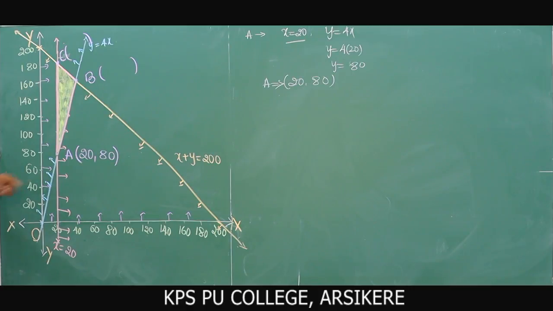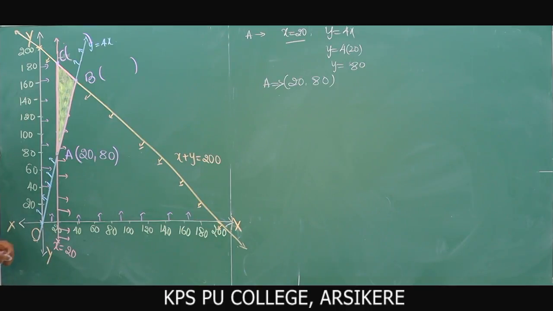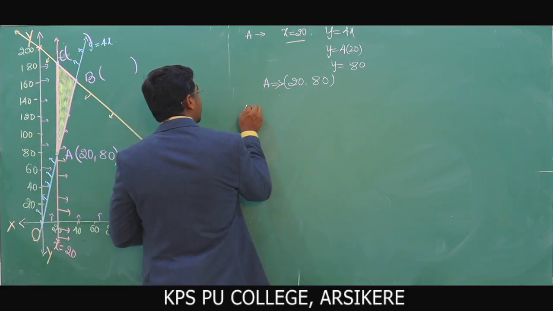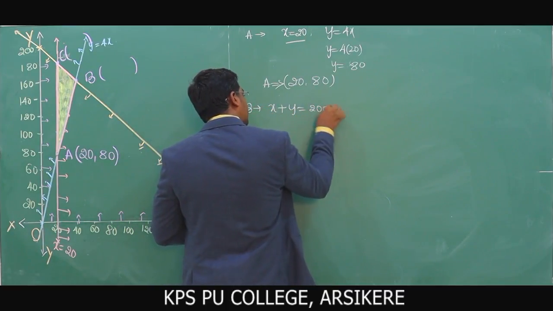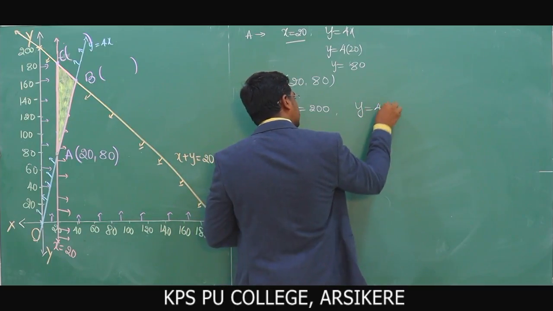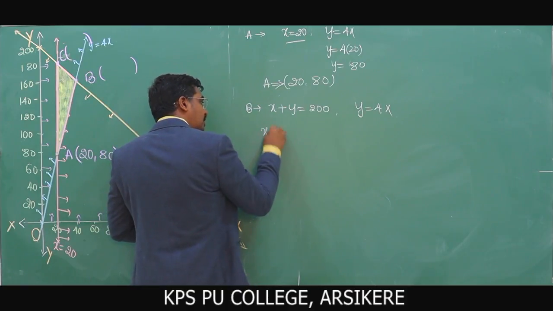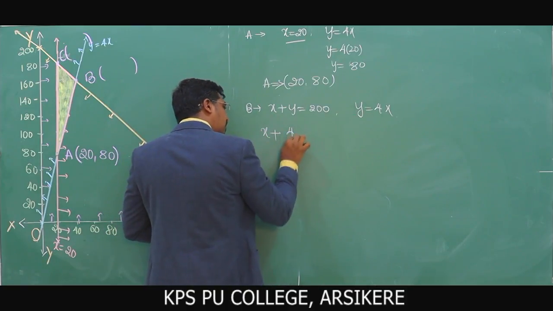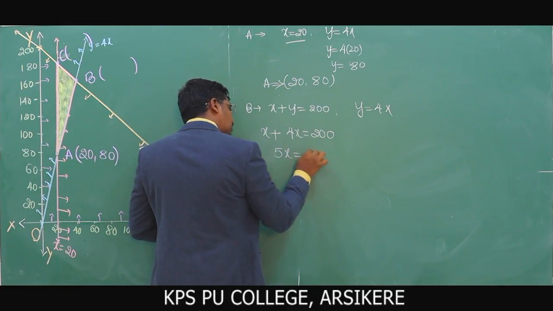Come to the next one. Next one is y is equal to 4x and x plus y is equal to 200. To find the point B, we have to solve the equations x plus y is equal to 200 and y is equal to 4x. Just substitute y is equal to 4x in this equation, we get x plus 4x is equal to 200. 5x is equal to 200.